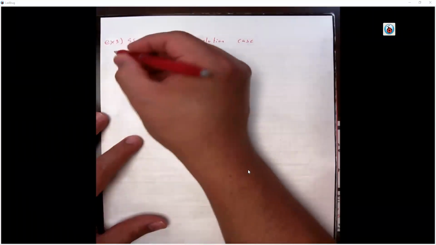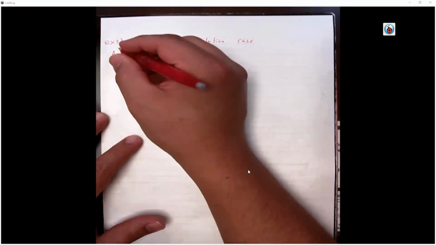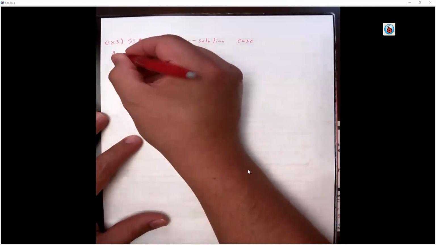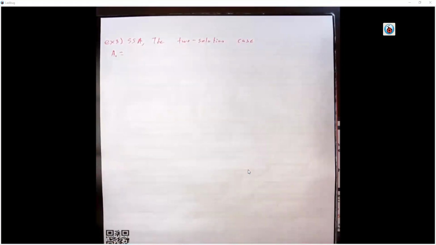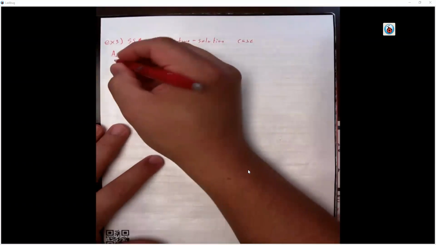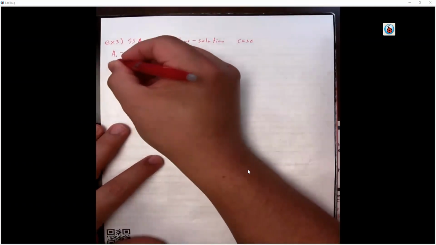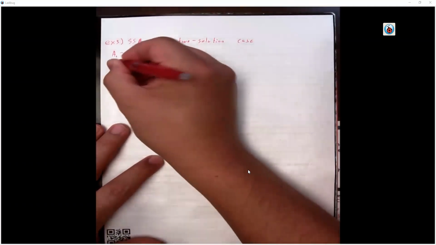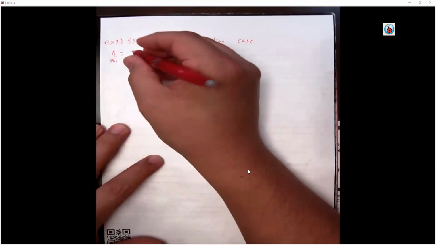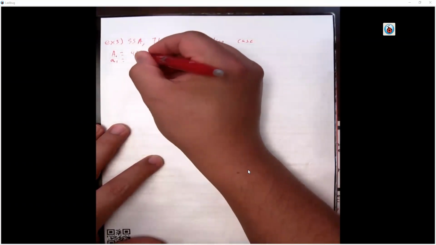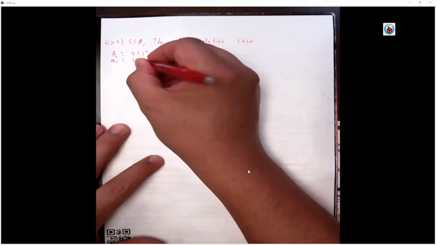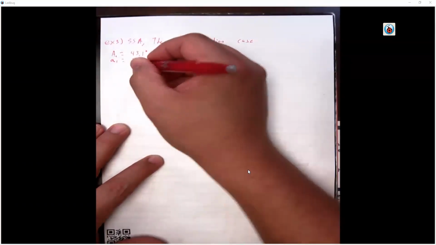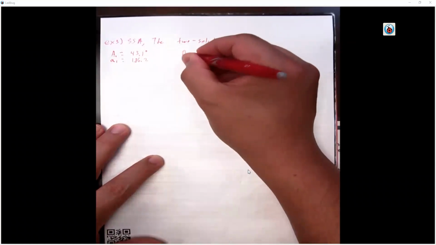So I'm going to go ahead and write down what they gave us first. I'm going to call it A1 and B1 because I know there's going to be 2 sets, just to keep our stuff together. A1, 43.1 degrees, a is 186.2. Capital B1 is not given to us.